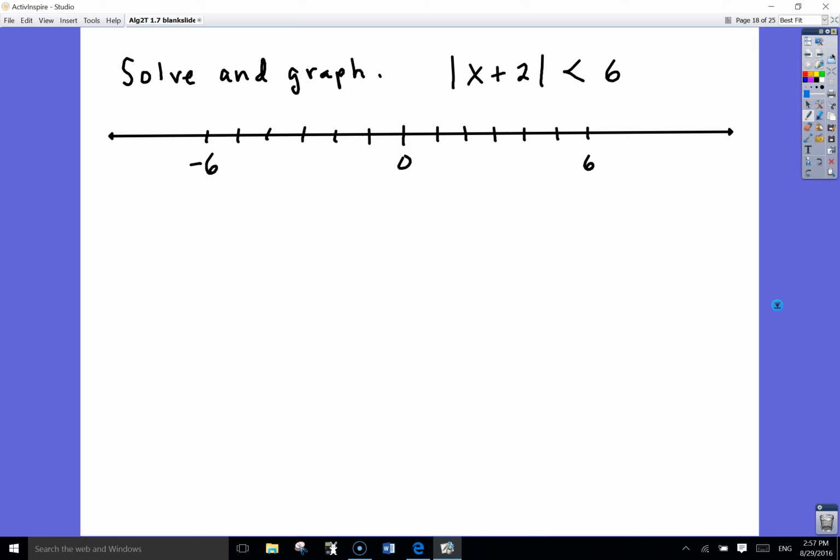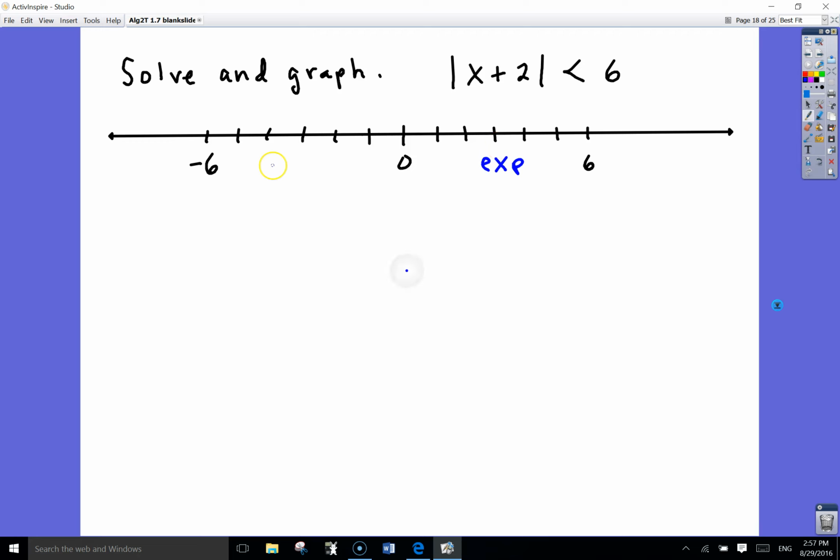Solve and graph. First of all, in this one, the absolute value is already isolated. So what is this telling us? It's telling us that the absolute value of this expression has to be less than 6. We know that means to the left of 6. So our expression has got to be less than 6.